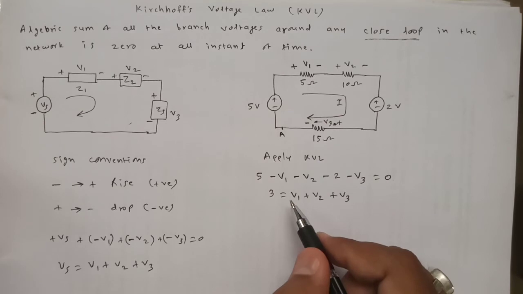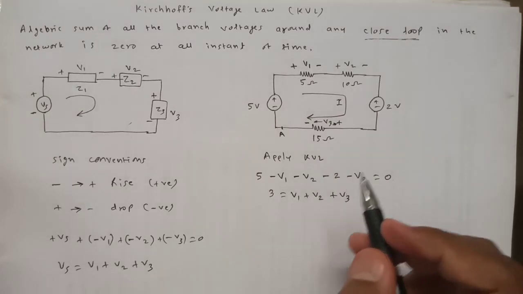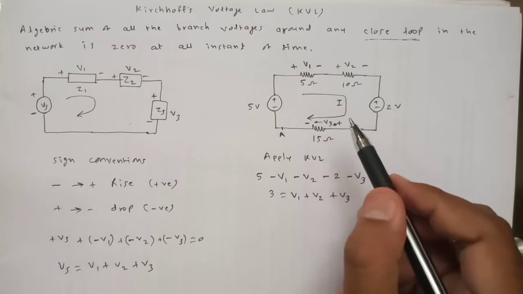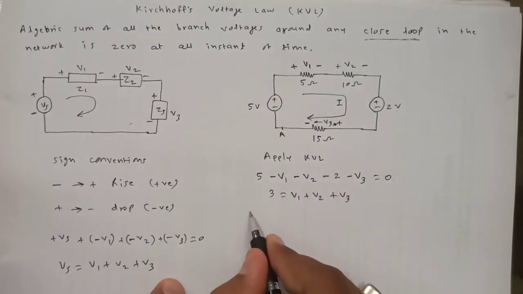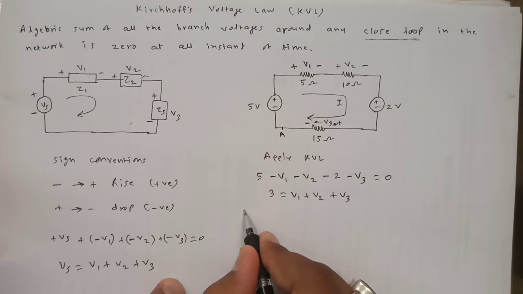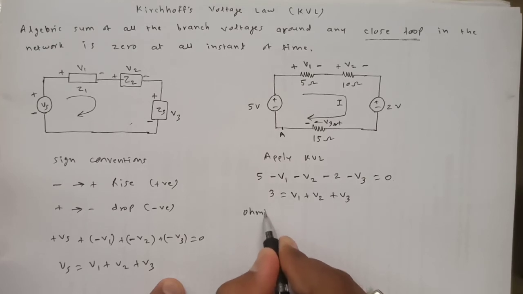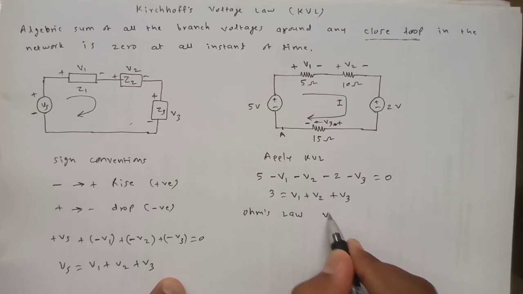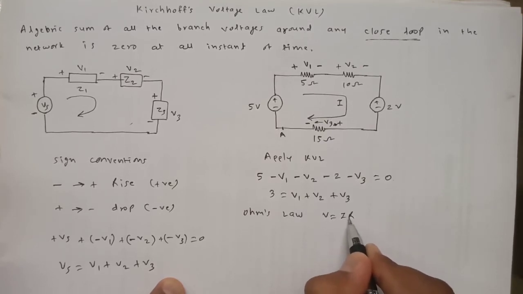Now if we are interested in getting the values of V1, V2 and V3 and I, then we can go further, by considering the Ohm's law. We know Ohm's law, which is nothing but V is equal to I into R.